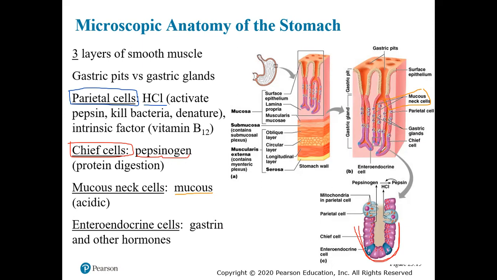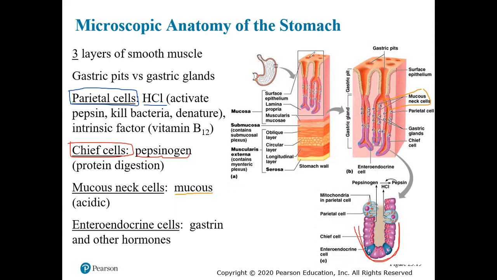So as the pepsinogen travels up through this gastric gland, it will get activated as it passes into this acidic environment. And then by the time it hits the mucus neck cell, we have a highly acidic environment that also contains protein digesting enzymes.